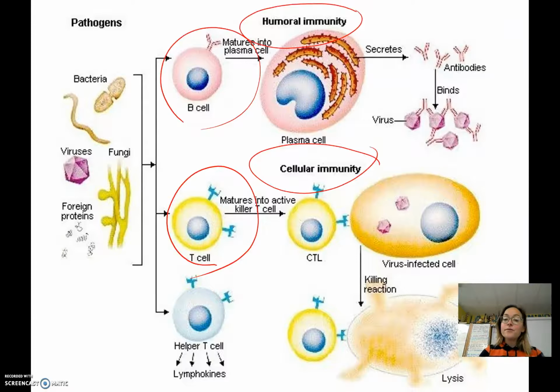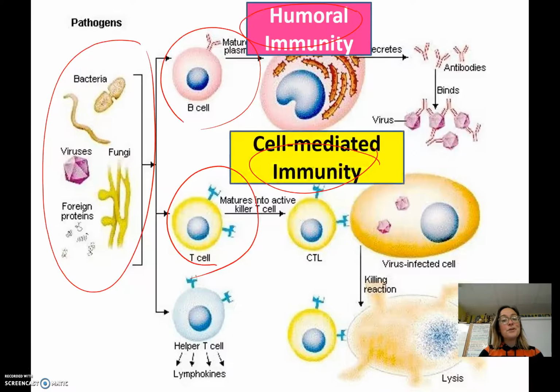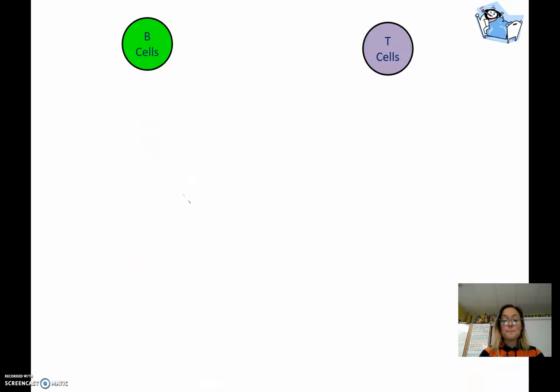Both of these immune responses are going to be used to fight off different pathogens. Humoral immunity and cell-mediated immunity are the two types of immune response of our third line of defense that we're going to talk about. But first, let's talk about B cells and T cells.